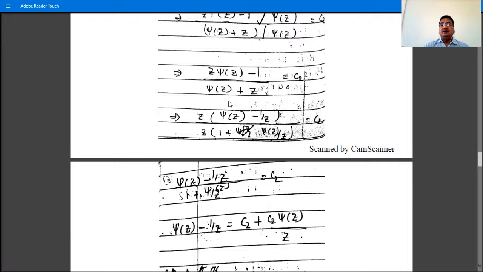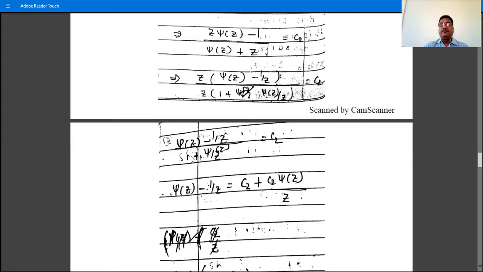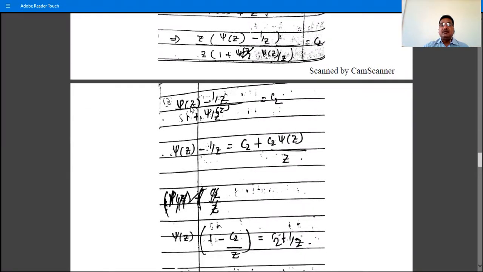And then we take z as common: psi z minus 1 by z, divided by 1 plus psi z by z is equal to C2, where z gets cancelled.